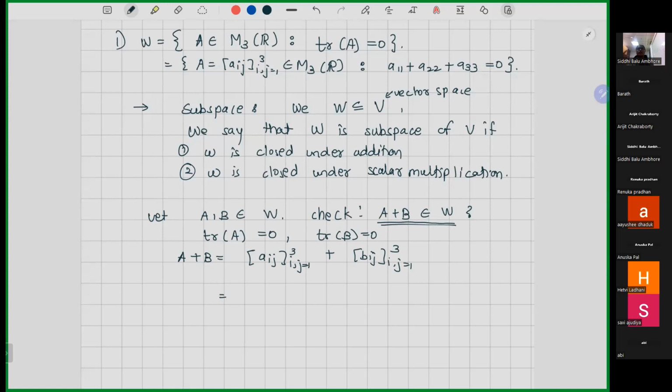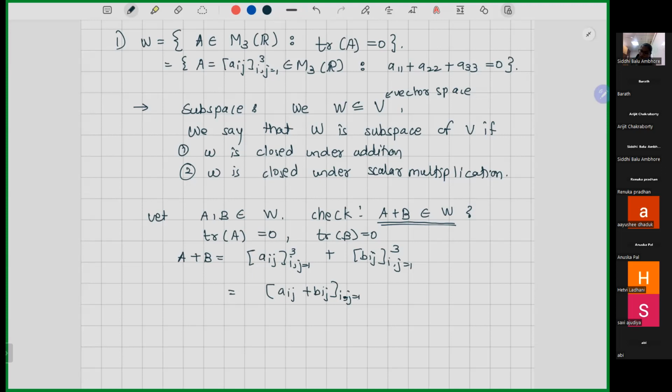We are adding those. Yes, trace of A + B is trace of A plus trace of B. Okay, so that is what will happen here. It comes not from a property, but from the way we define the addition of two matrices.